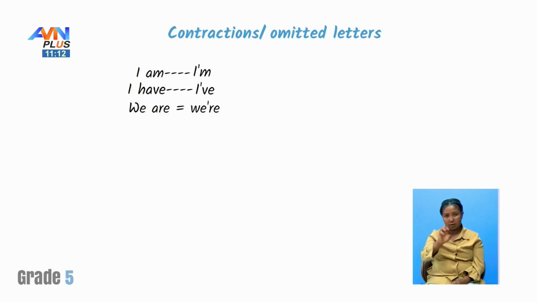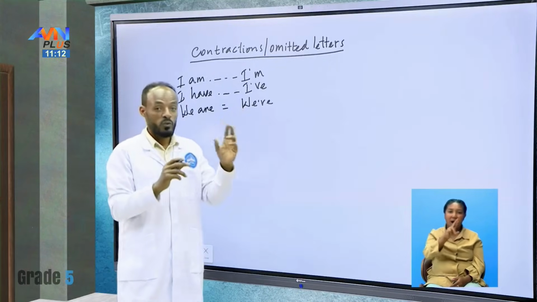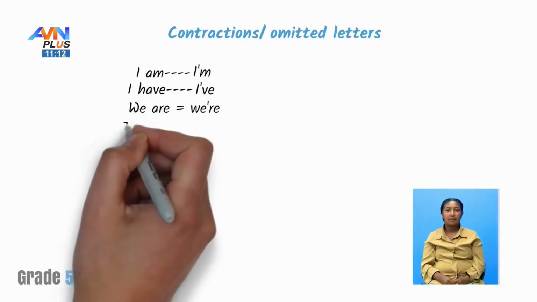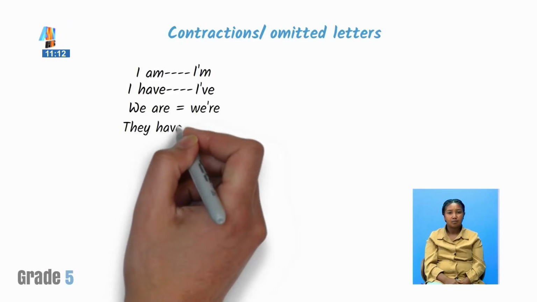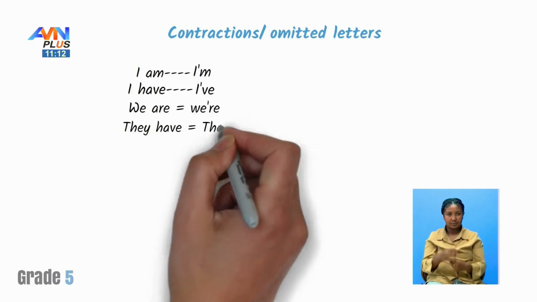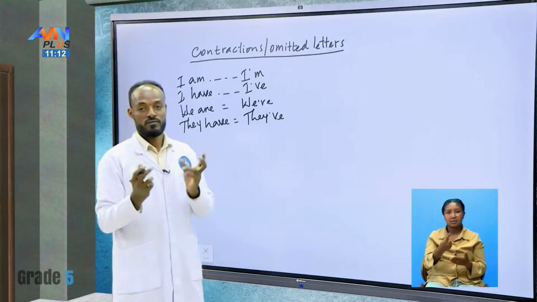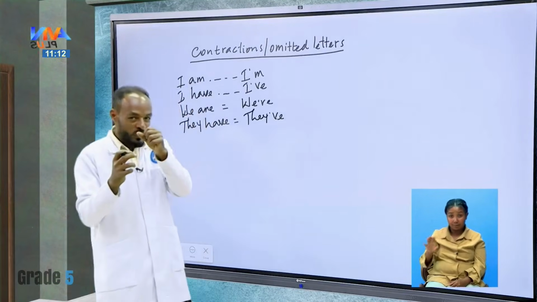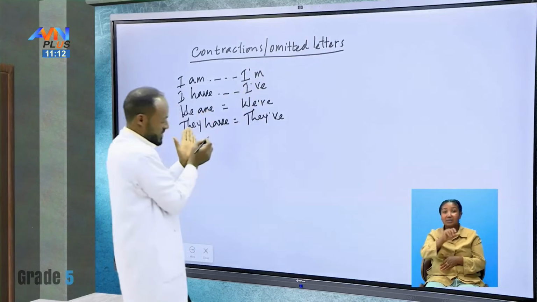This one is we are, but here we're. What about they have? We can say here they've. When we say they've, we just contract it, okay? We contract it means some letters are missed.